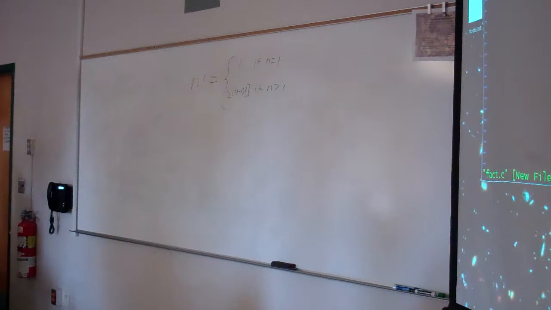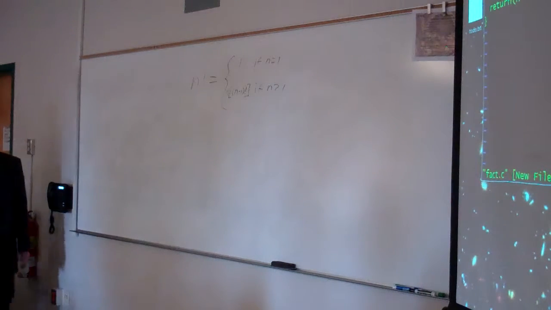So let's compute 10 factorial and print it out. So if n is equal to 1, I'm just going to return 1. Otherwise, I'm going to return n times factorial n minus 1. That's what I said.